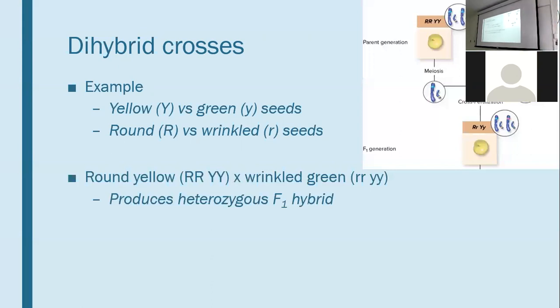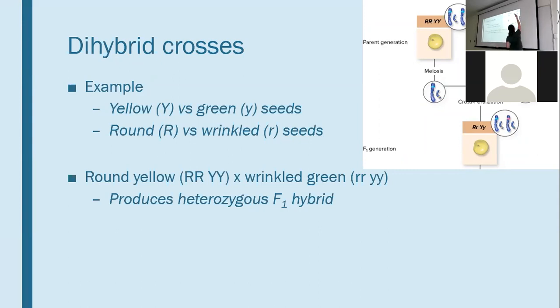Now, we're going to add some stuff to these little cross diagrams, but it's fine. So this individual is our true breeding dominant yellow and round individual, which means that its genotype is big R, big R, big Y, big Y. What that means is that from its parents, it inherited two big R alleles, two big Y alleles.